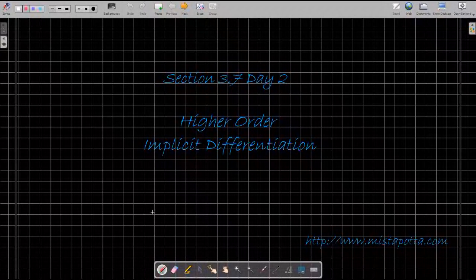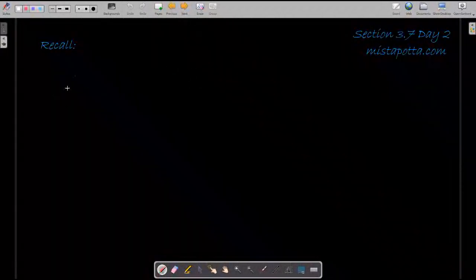Today, what we're going to do is take a look at higher order derivatives using implicit differentiation. So one of the things that we need to recall is that whenever I'm trying to find y double prime, remember that that's really the derivative of y prime.